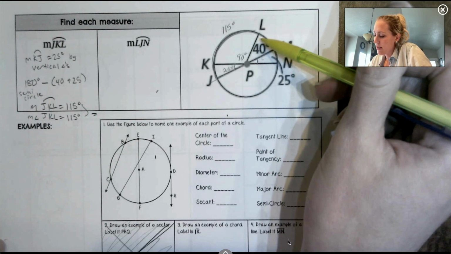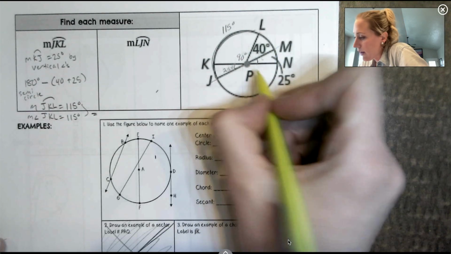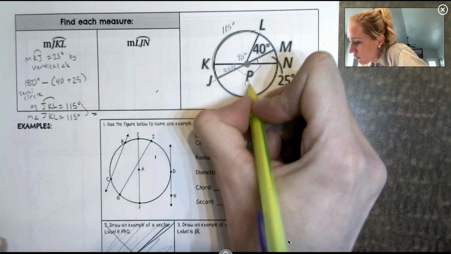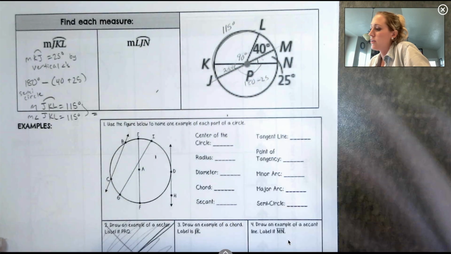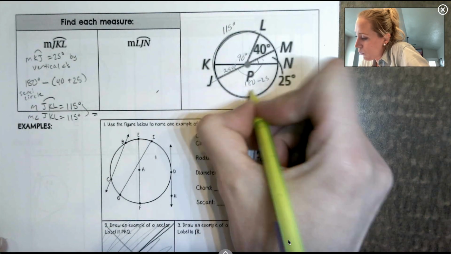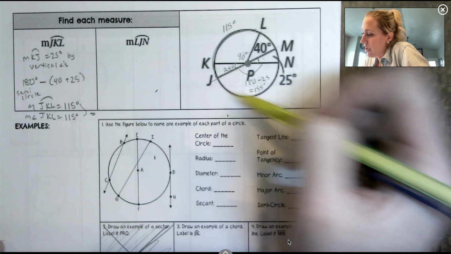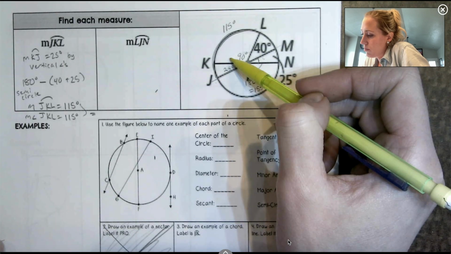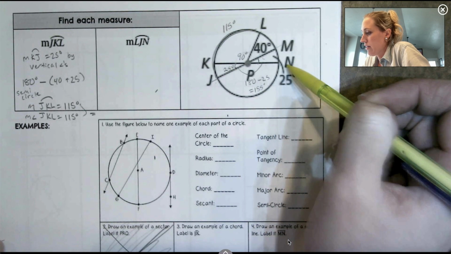Next, they want LJN. So this piece right here, I can get by doing 180 minus 25, because again, half the circle minus 25. So 180 minus 25 gives me 155. So then LJN is going to be 90 plus 25 plus 155, and that's it.